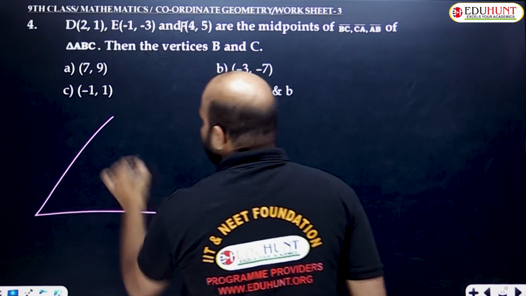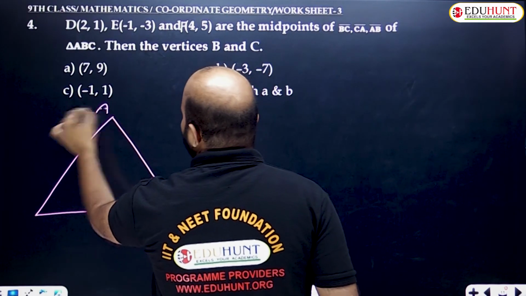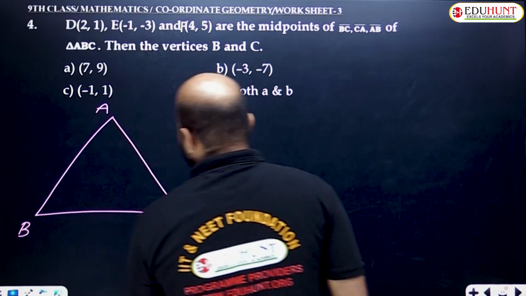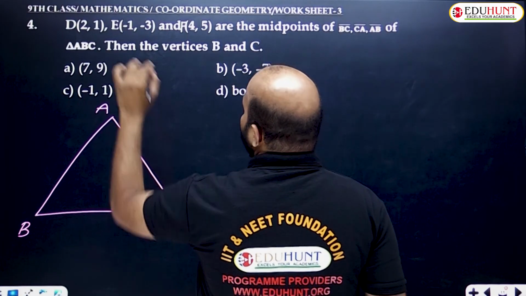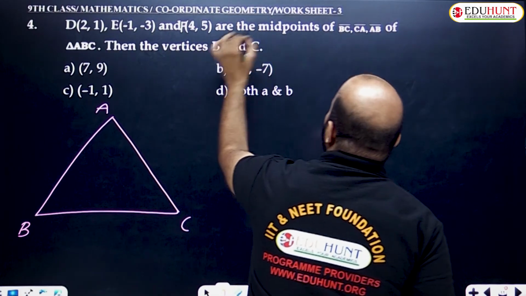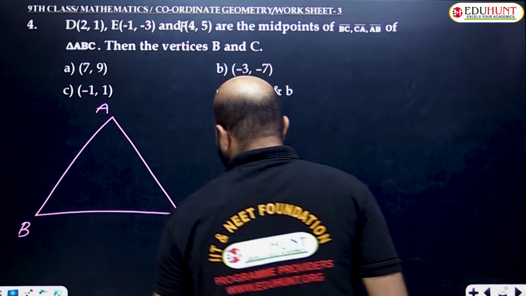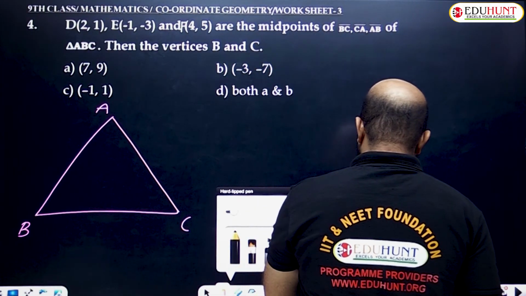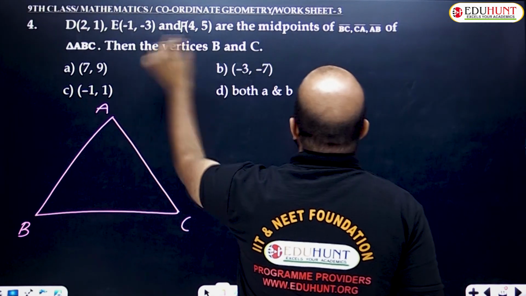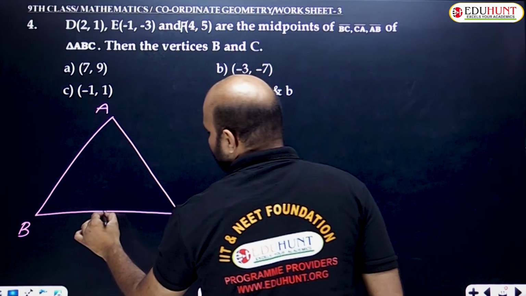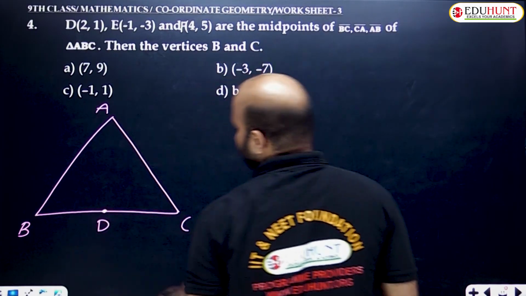ABC is the triangle. D, E, F are the midpoints of BC, CA and AB of triangle ABC respectively. So first, D is the midpoint of BC.